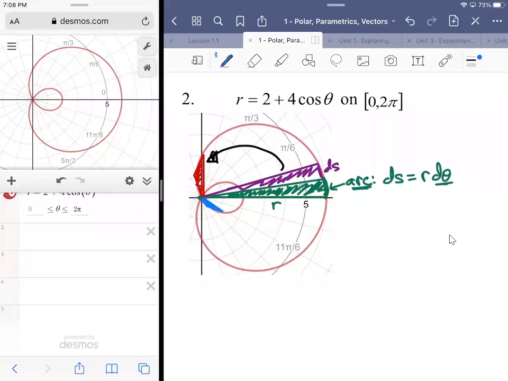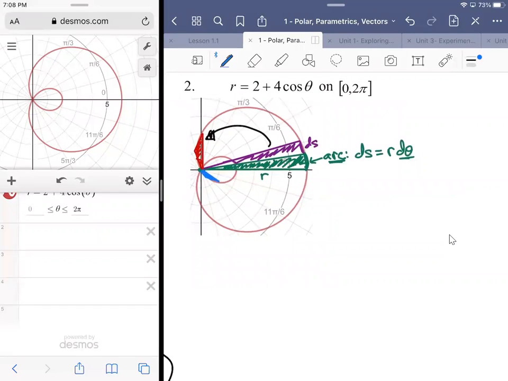All right. So what I'm going to do, let's start off with a little trig equation action here. We're going to say r, which is equal to 2 plus 4 cosine theta. I'm going to replace the r with a 0.